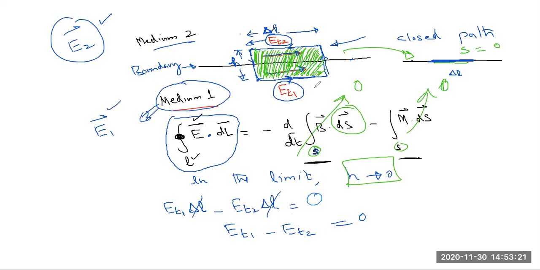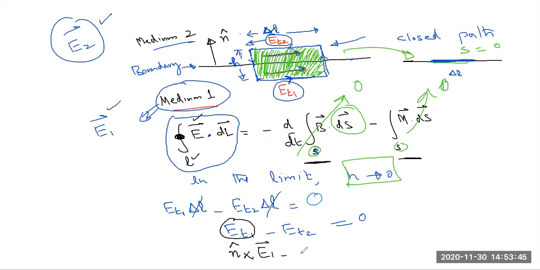So how can I write this in vector form? We already know that the unit normal vector is in this direction. If I take the cross product of the unit normal vector with E1, that will give me ET1.